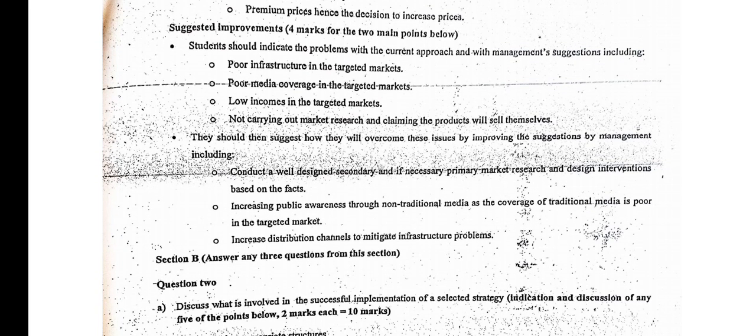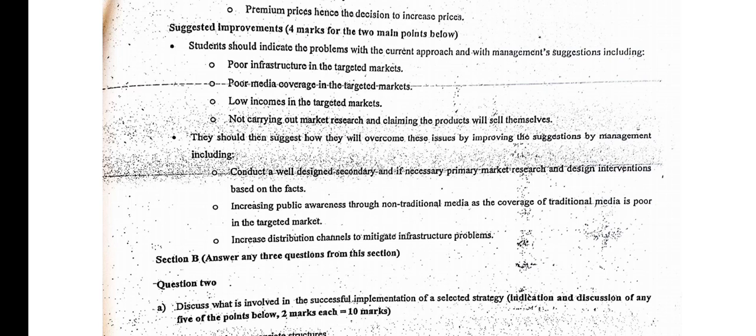Then suggested improvements. Students should indicate the problems with the correct approach and with management's suggestion, including. Here we have the answers that they gave: poor infrastructure in the target market, poor media, low income, not carrying out market research.